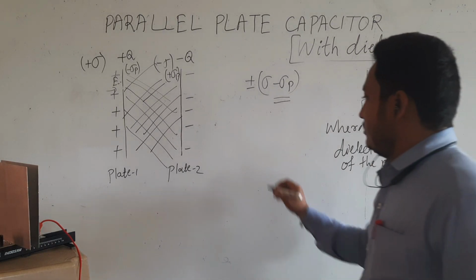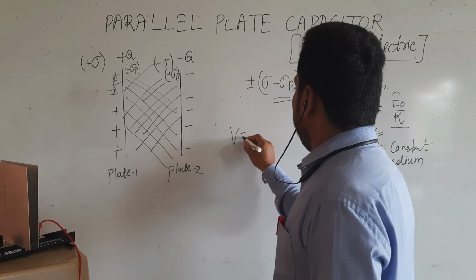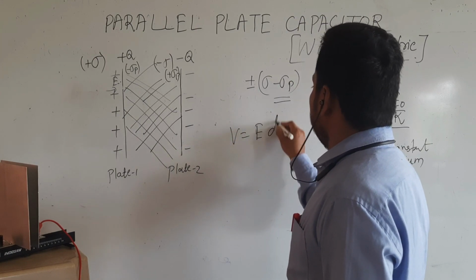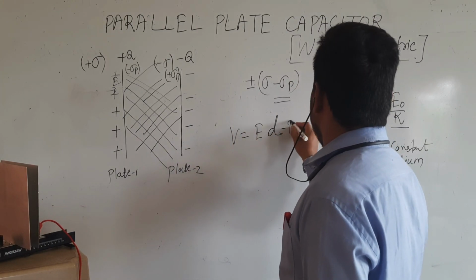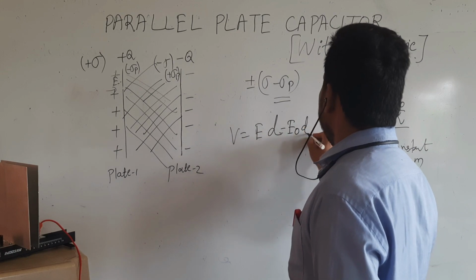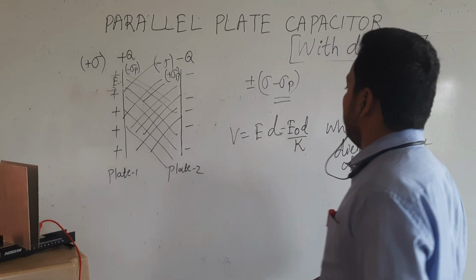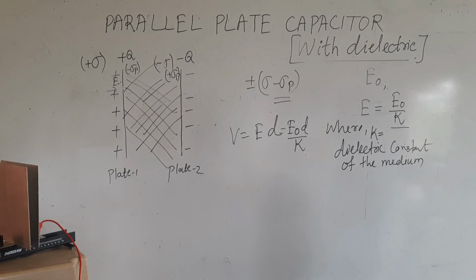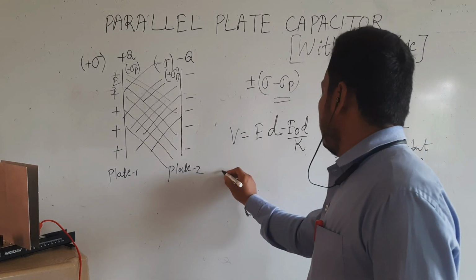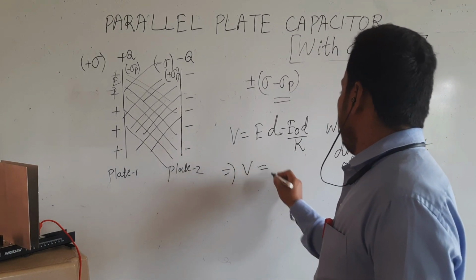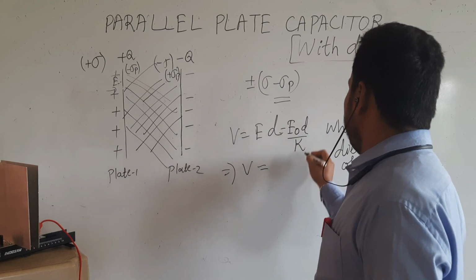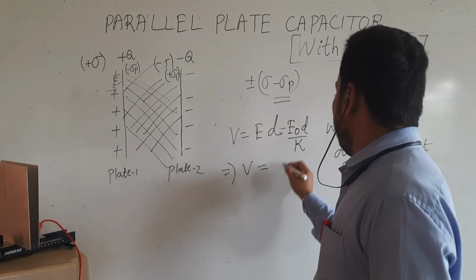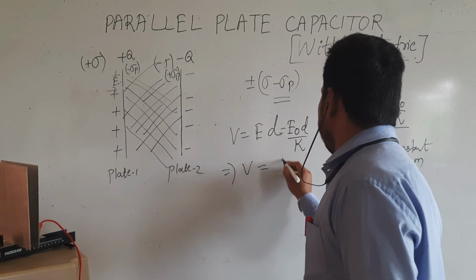For that we have V equal to again ED. Now ED will be E naught D by K, and E naught equals sigma by epsilon naught.